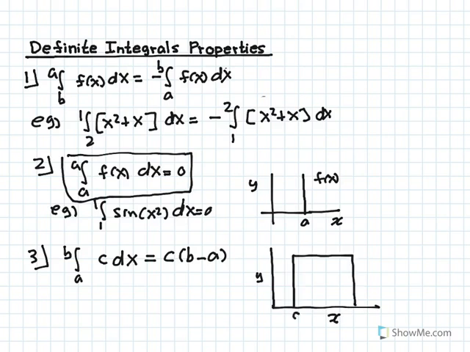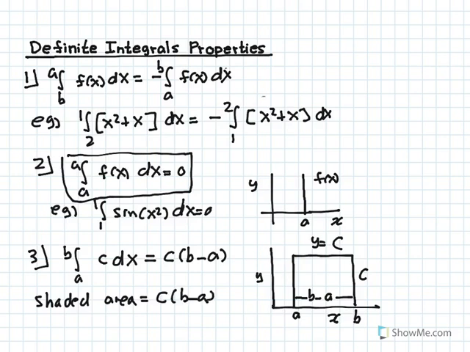The function has a height of c. So here's c, this is y equals c, and the width is b minus a, from a to b. So the shaded area is going to be the area of this rectangle, which is c times b minus a. Let's shade that in. So this is the shaded area.